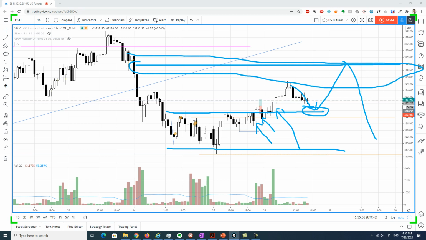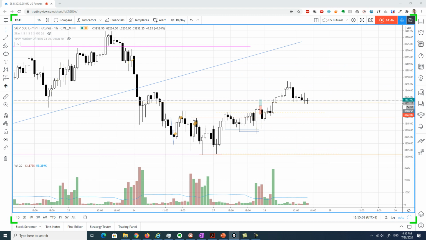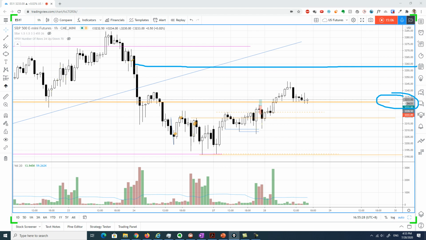All right, so the key levels that I am watching currently: first, the 3230 level is where the price currently stays. It is interacting with the 3230 level quite a lot of times. The subsequent resistance will be around 3260, followed by the swing high level from here.